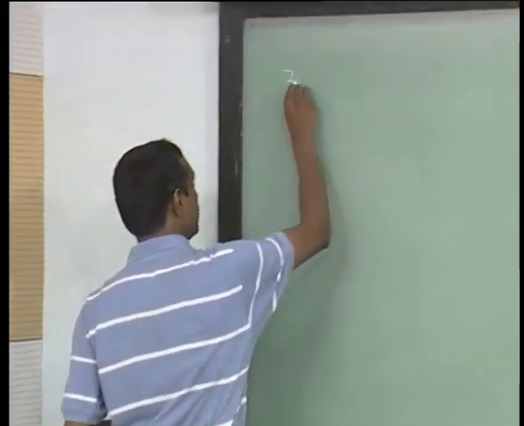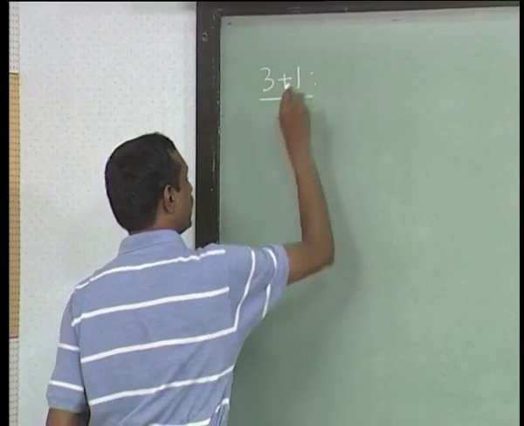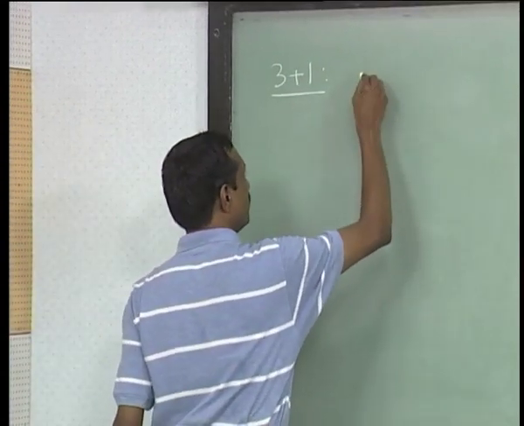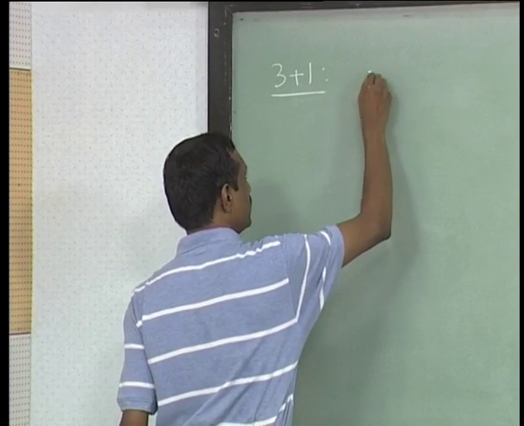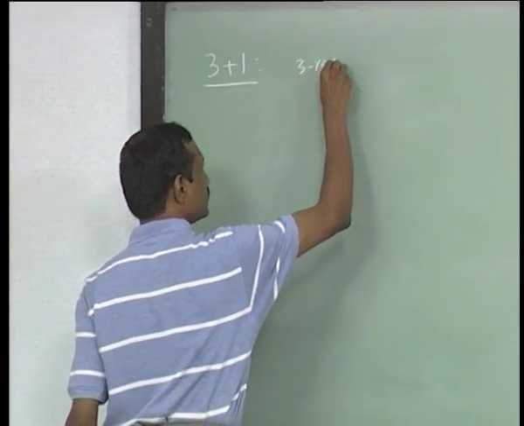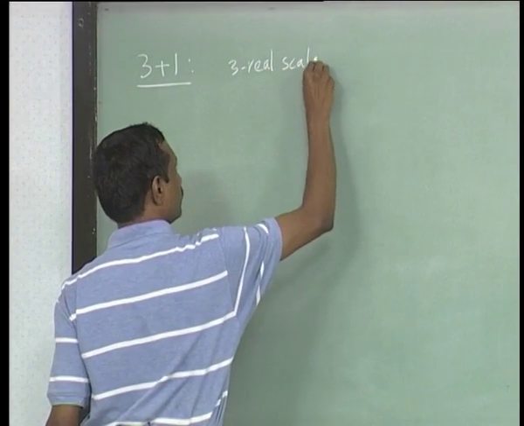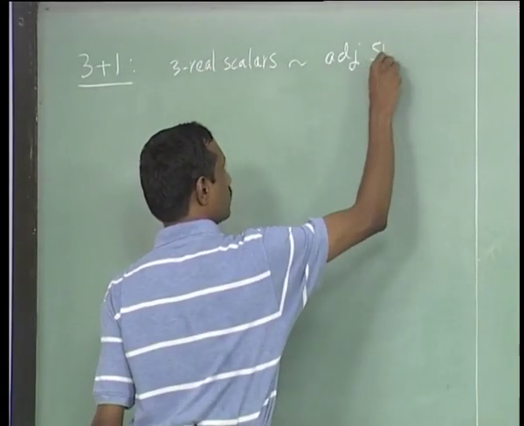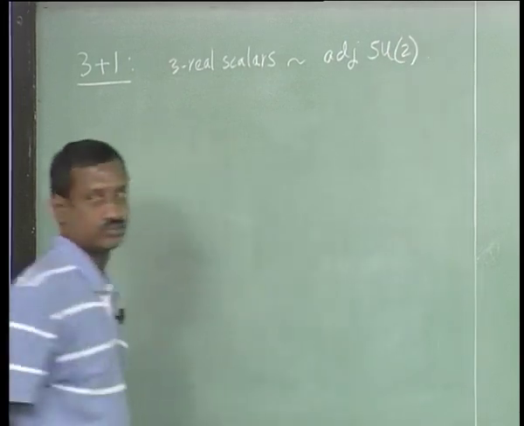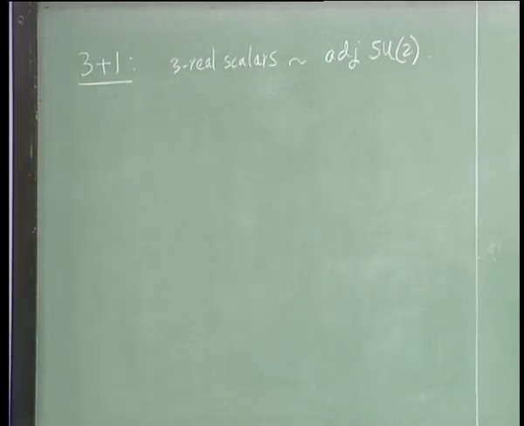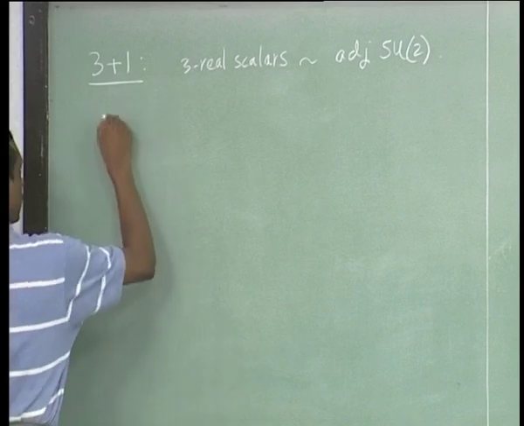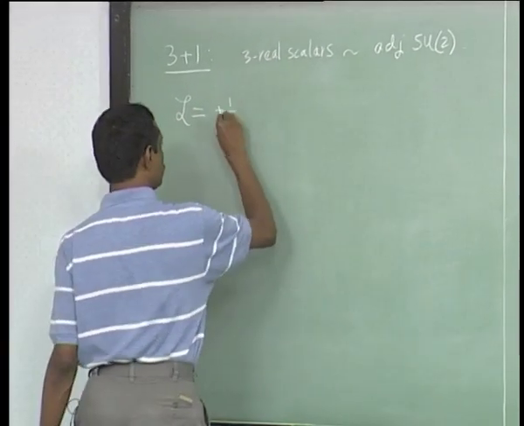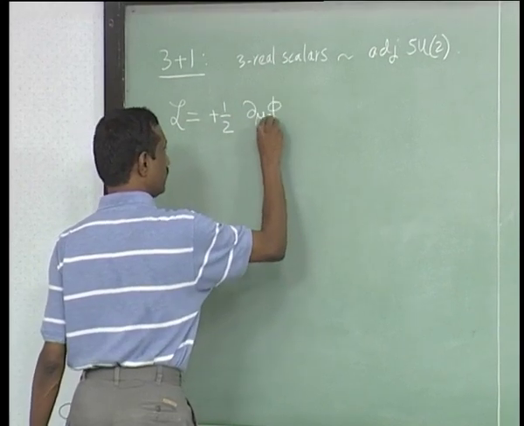So we will be in 3 plus 1 dimensions, and we have the exact same setup. We will have a triplet of scalars, so 3 real scalars, which are in the adjoint of SU(2). Okay. And so the Lagrangian is just the usual thing, but let me write it.